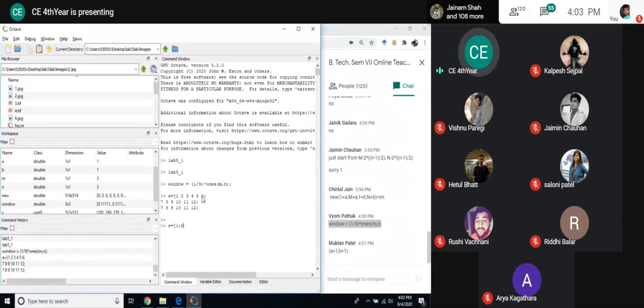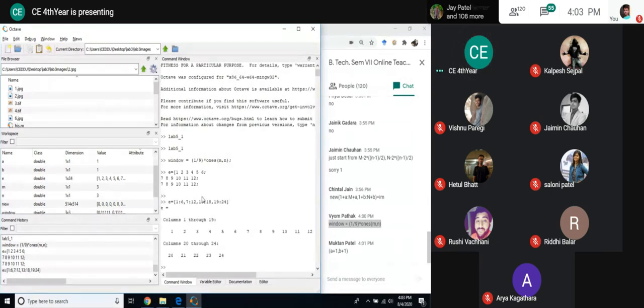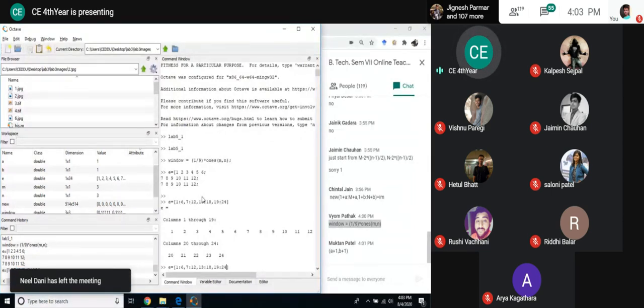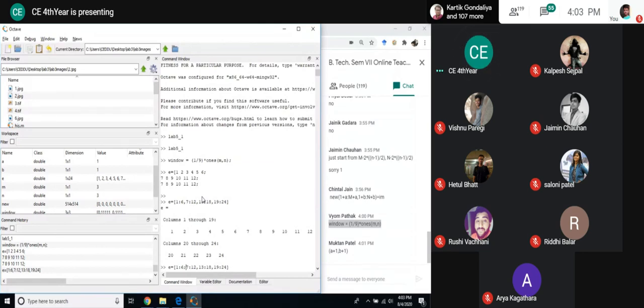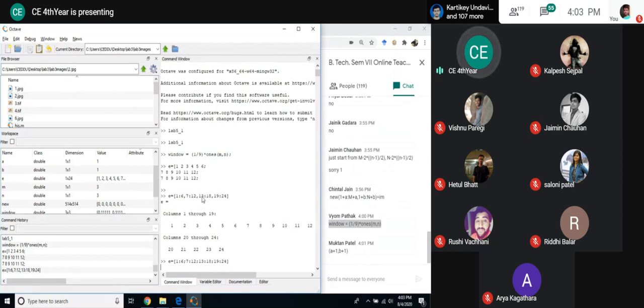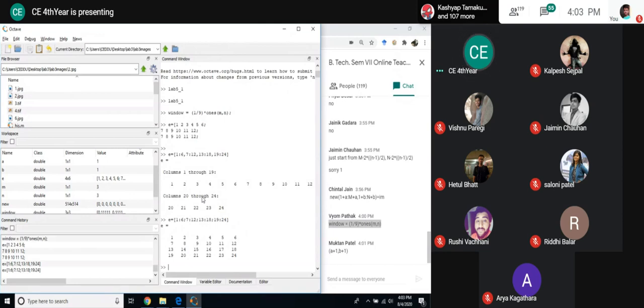It will be better to define like this: 1 to 6, 7 to 12, then 13 to 18, then 19 to 24. I should have used a semicolon. So what I want to try is how I can simply write it.